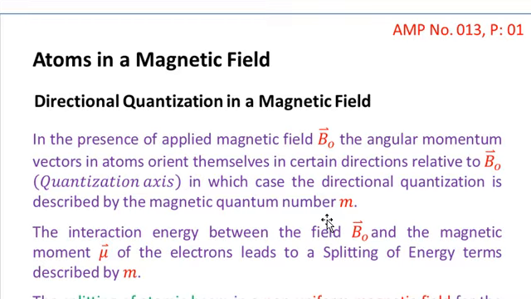And under the applied magnetic field, we have seen that the magnetic moment, either the spin magnetic moment or the orbital magnetic moment, or in the mixed case the total magnetic moment mu j of the atom, will start its precessional motion about the magnetic field B naught.